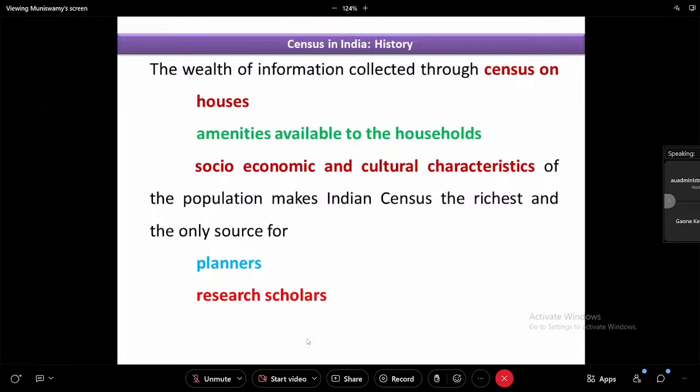But to apply on current issues, you should know the total survey report. These survey reports are collected by the government as well as the private sector.